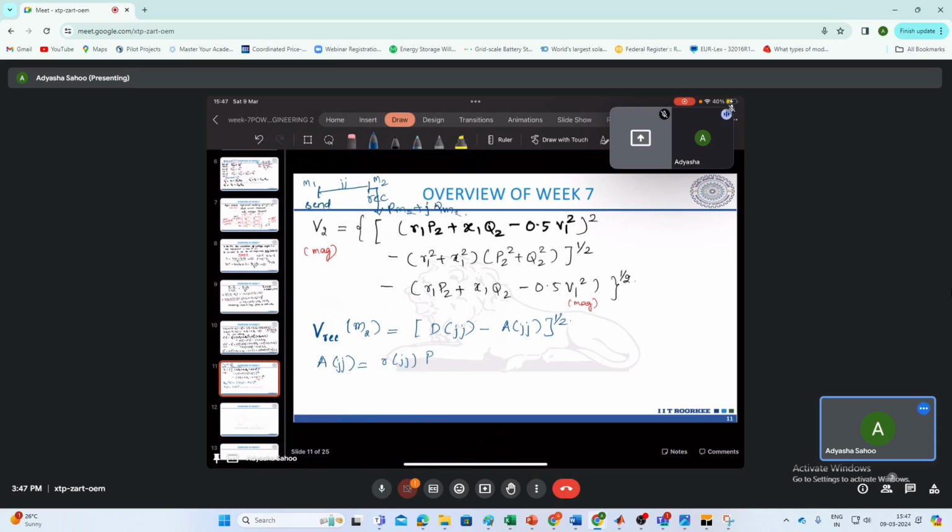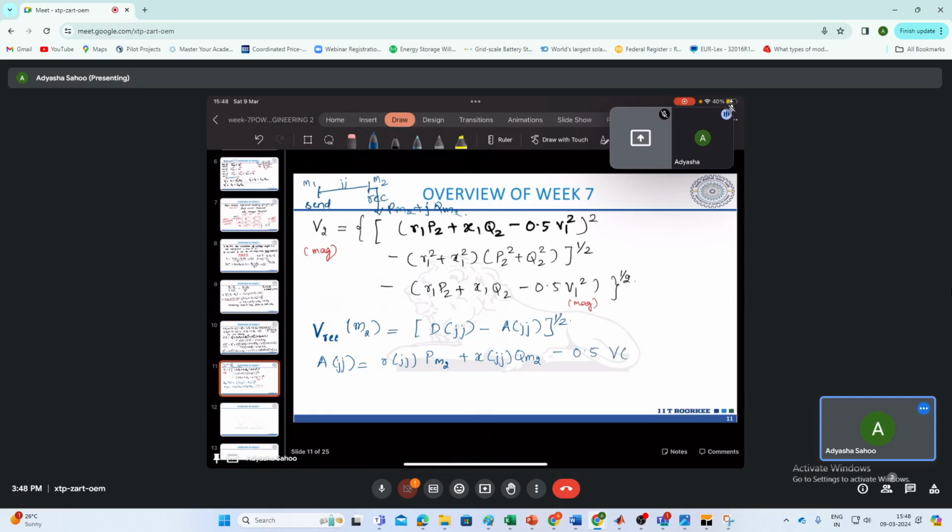So PM2 plus XJJ QM2 minus 0.5 at the sending end, right?